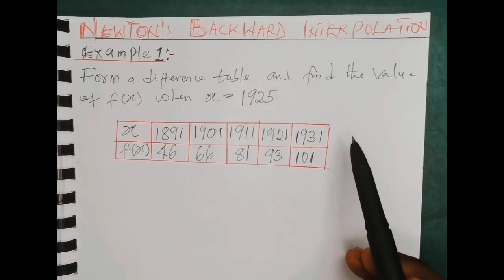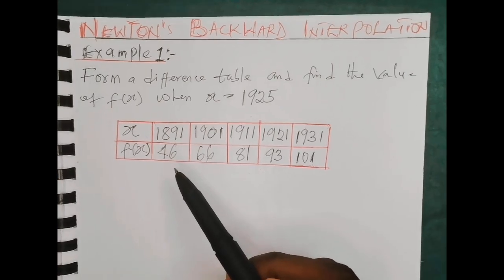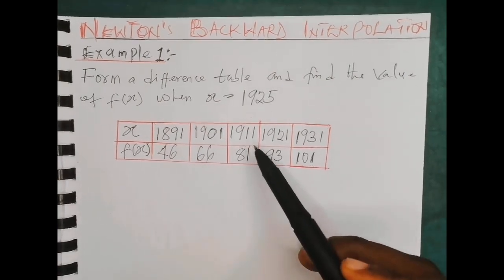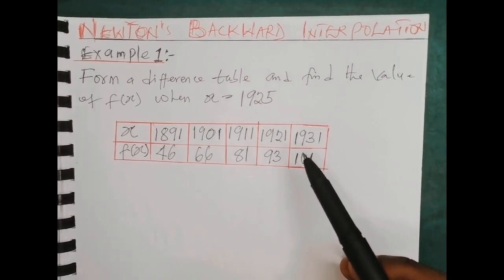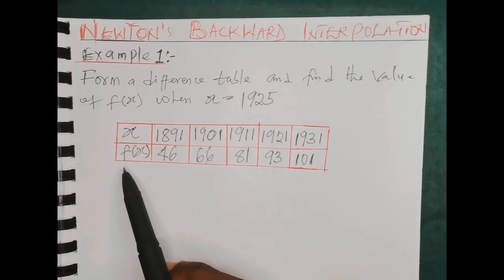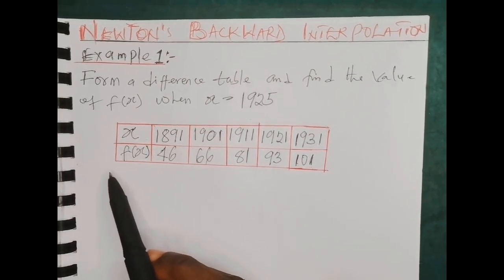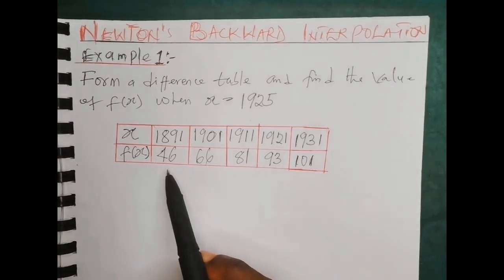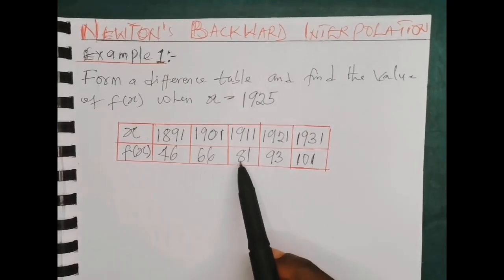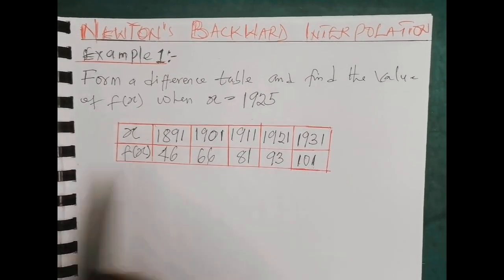Now you have different values of x, which includes 1891, 1901, 1911, 1921, and 1931. And the values of f of x given to us, which invariably is y, include 46, 66, 81, 95, and 101.